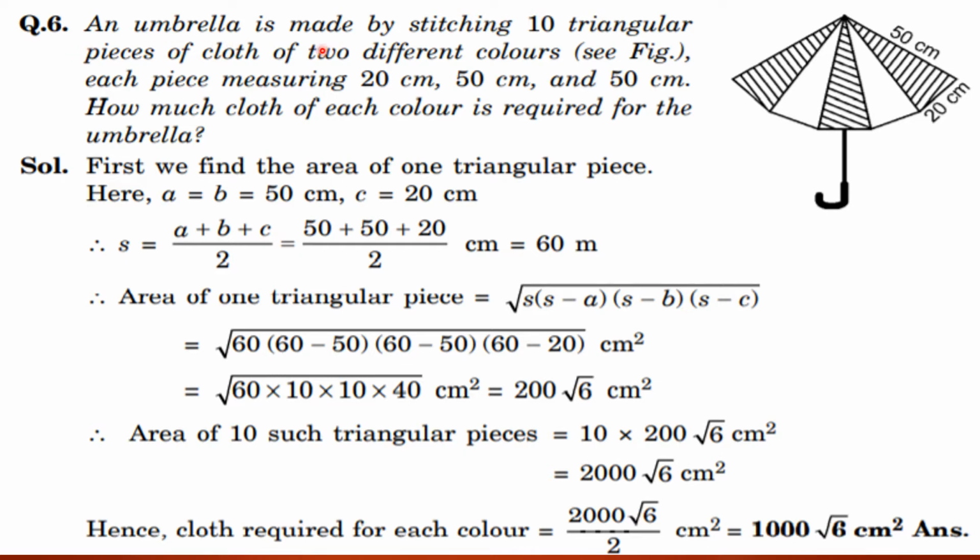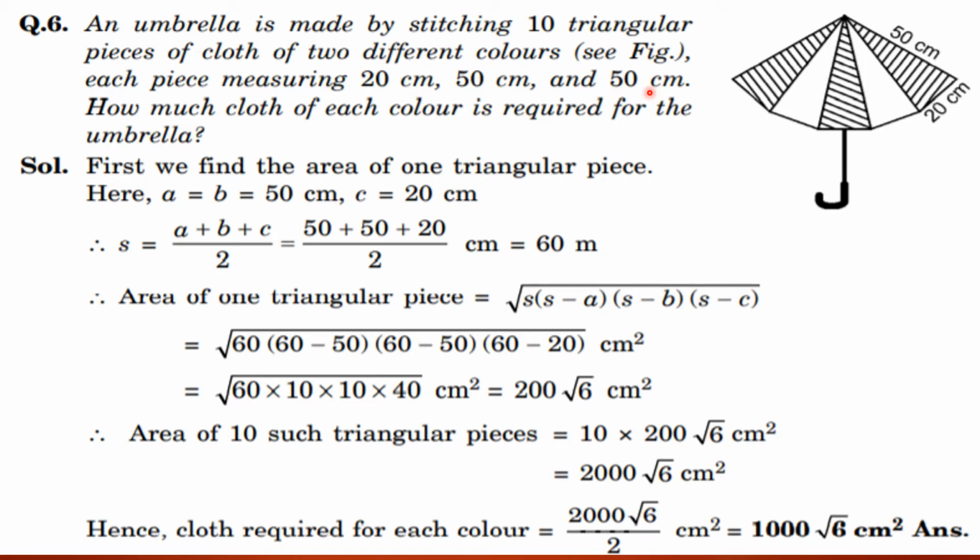An umbrella is made by stitching 10 triangular pieces of cloth of two different colors. See the figure. So this is the umbrella. Two different colors are used here. Each piece measuring 20 centimeters, 50 centimeters and 50 centimeters.